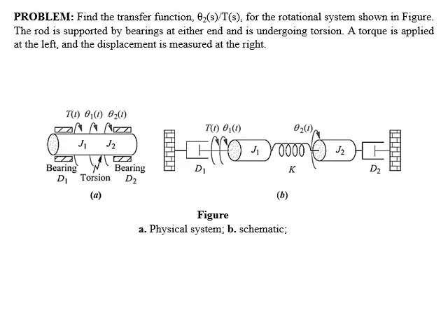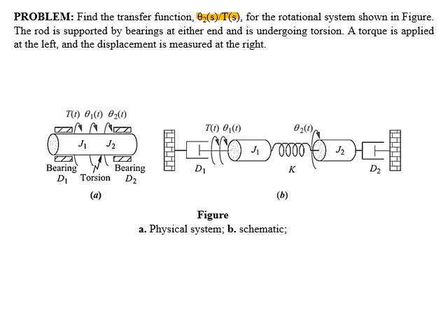Students, now with the help of an example, we will study how to find the transfer function of a rotational mechanical system. In this example, you have to find the transfer function theta 2 of s over T of s. We will start the solution by finding the degree of freedom of this system.